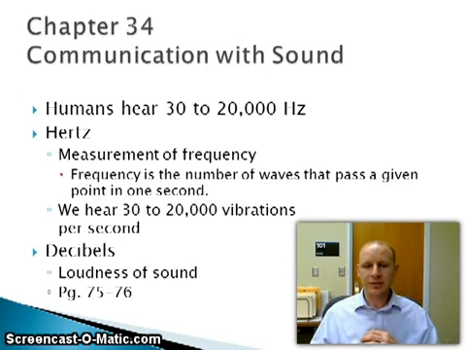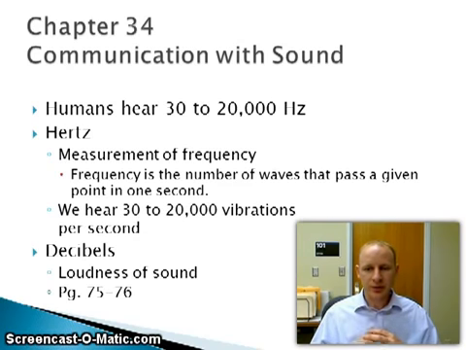As humans, we hear about 30 to 20,000 hertz, or vibrations per second. We measure that in hertz, Hz, which is the measurement of frequency. Frequency being the number of waves that pass a given point in a second.